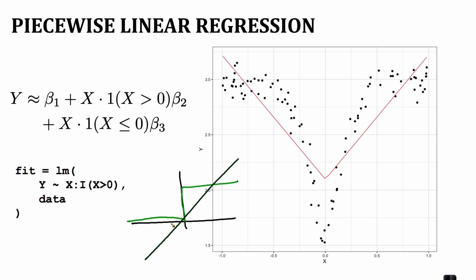If I multiply them together, what I'm going to get is a function that over here is 0, because it's 0 times, I don't care what this is, it's always going to be 0. But over here, it's going to be 1 times whatever this is, which is whatever this is. So x times this indicator is a function that looks like this. So it's flat, and then it starts going up like that.